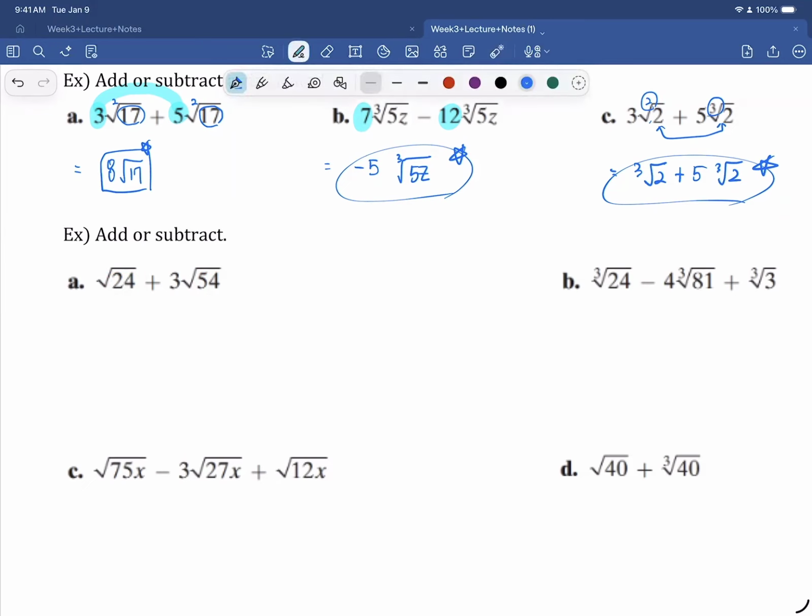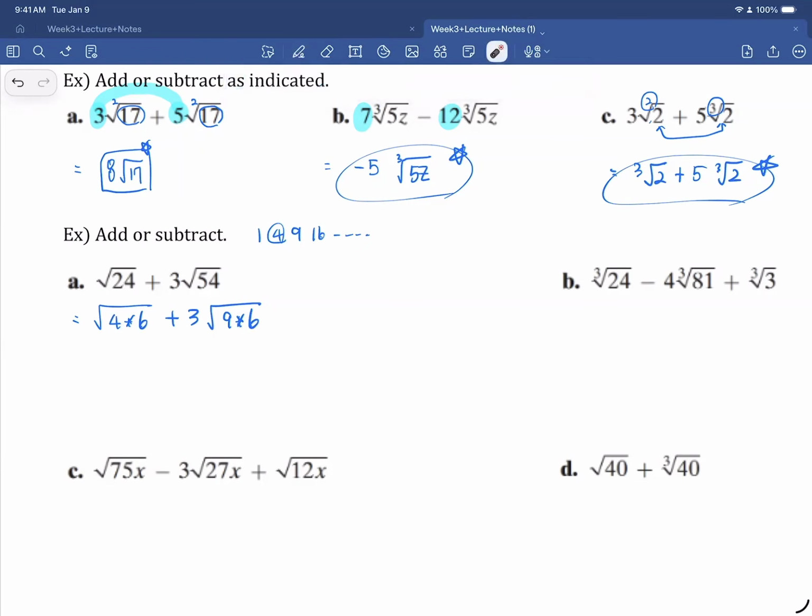So we have to think about the perfect squares: 1, 4, 9, and 16. These are the options. So I think we can use 4 with 24, so 4 times 6, right? And 54 is 9 times 6. So 4 times 6 is 24, and 9 times 6 is 54.